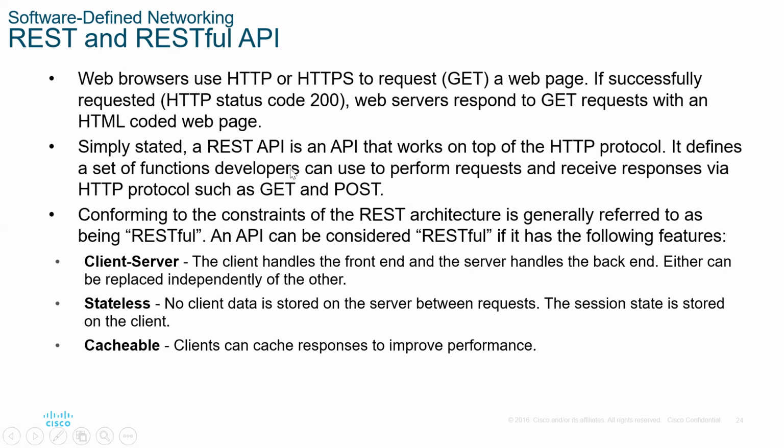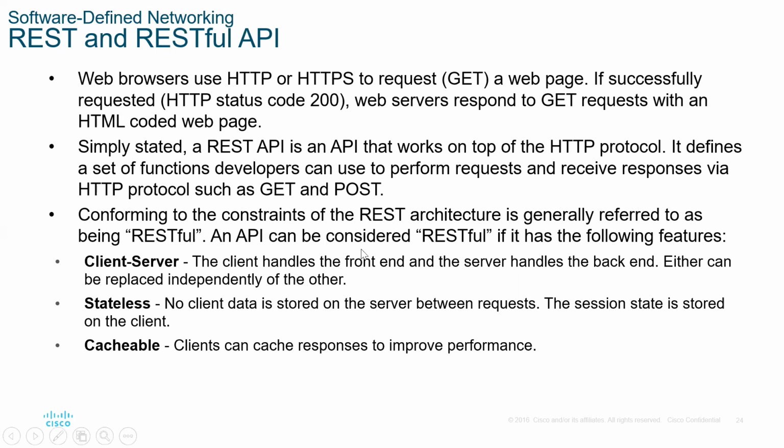So simply stated, a REST API is an API that works on top of the HTTP protocol, and it defines a set of functions developers can use to perform requests and receive responses via HTTP protocol, such as GET and POST. They're a bit different, but I think the concept is still the same.